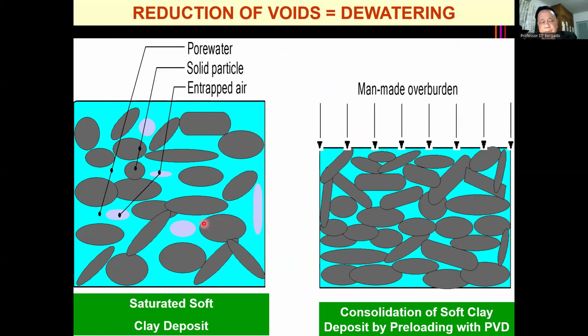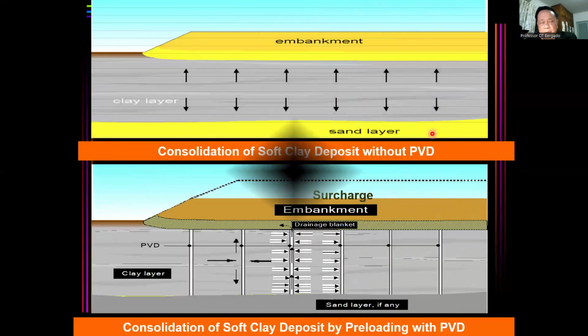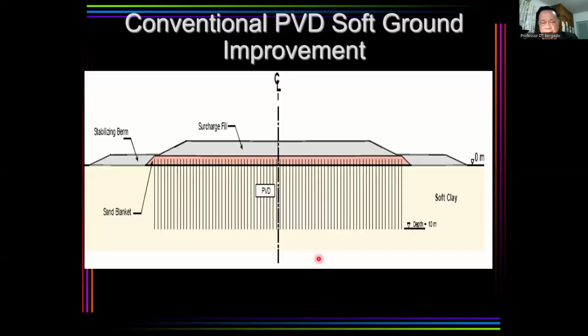For the soft clay, the voids are occupied by water. To reduce the voids, we have to drain the water out. Instead of the usual preloading by embankment, we put in artificial drainage paths, which are the vertical drains, and so shorten the length of drainage paths at the spacing of the PVDs.